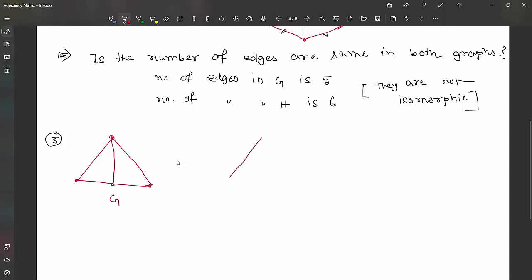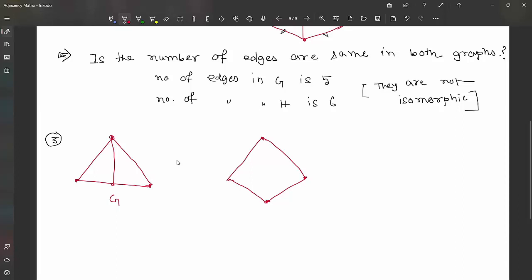And similarly draw another graph here with 4 vertices, the same 1, 2, 3, 4, and we are connecting this graph in this way, so that there are 1, 2, 3, 4 and 5 edges. So this is the graph, and the total number of vertices is 4.